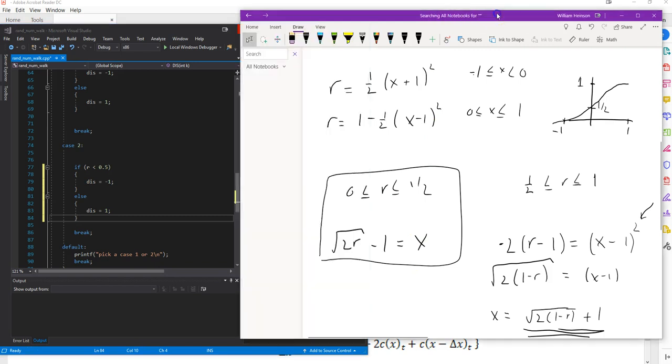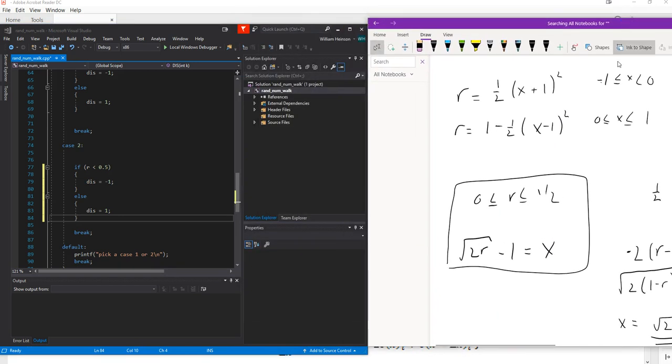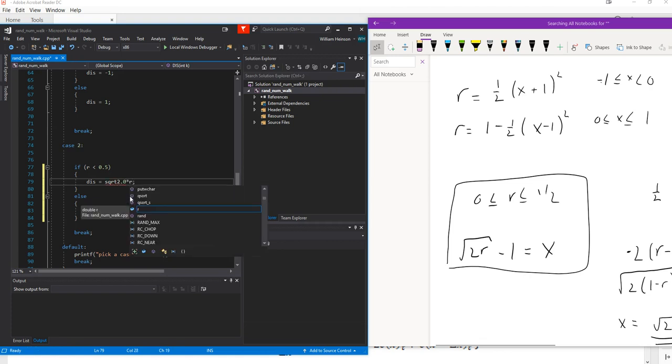If we're in this range, which is r is less than a half, our displacement becomes square root of 2 times r, minus 1.